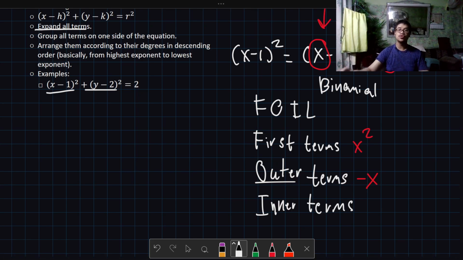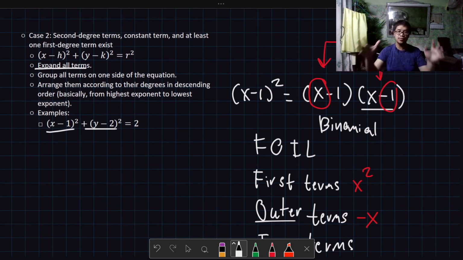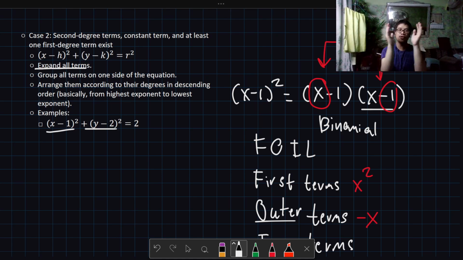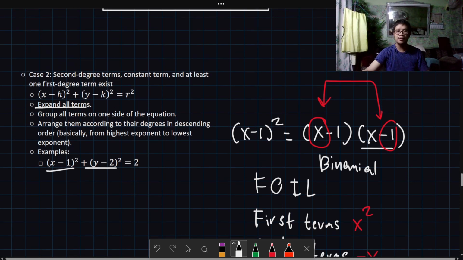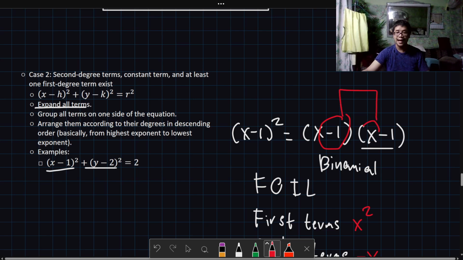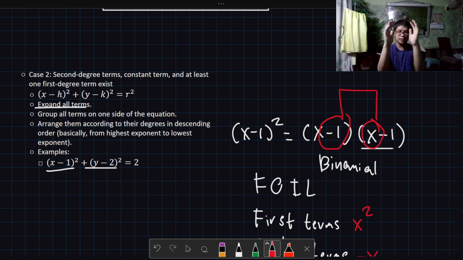So basically, you're going to multiply the terms that are within, the terms on the middle part. And those are negative 1 here and x here. They're in the middle, they're inside.